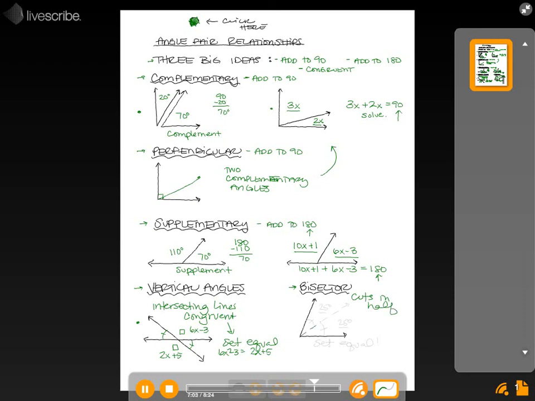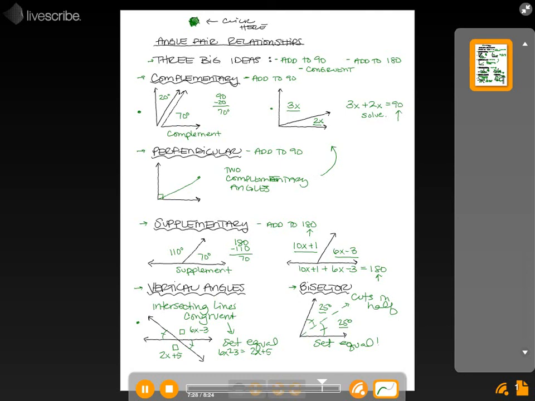So you'll have another ray coming out of your angle to cut it in half so that this side is congruent to this side. If they're congruent, remember you set them equal to each other. If you've got an equation, or suppose that this one was 25 degrees, that means this one has to be 25 degrees. Because they're equal, they're congruent.